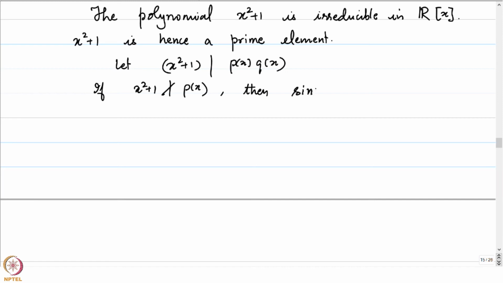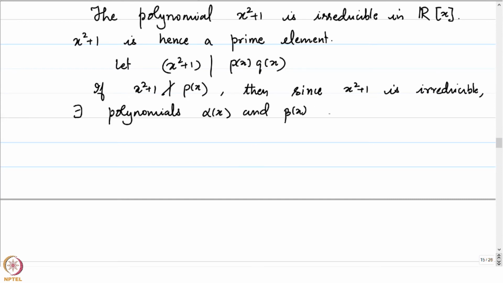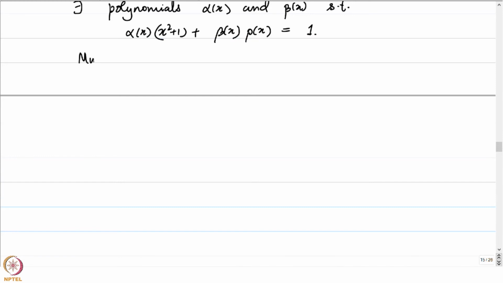Let me phrase it this way: since x square plus 1 is irreducible, there exist polynomials alpha of x and beta of x such that alpha of x times x square plus 1 plus beta of x times P of x is equal to the constant polynomial 1. Now let's multiply Q of x to the equation above.